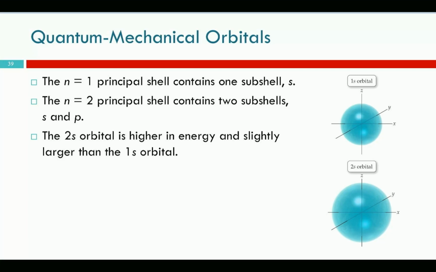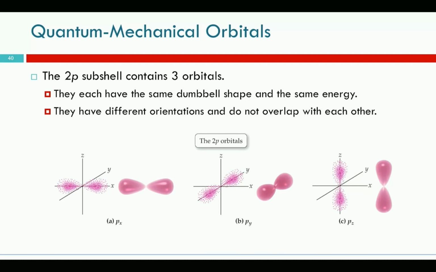Okay, s orbitals are spheres, n equals 1. You've got s, n equals 2. You've also got 2s, which is slightly larger. 2p, shapes get a little more interesting. So the 2p subshell has 3 orbitals. So 3 separate places that can hold electrons. They each have the same shape.